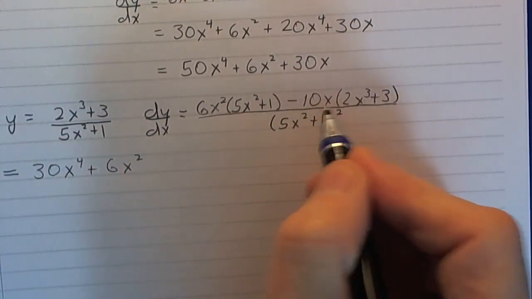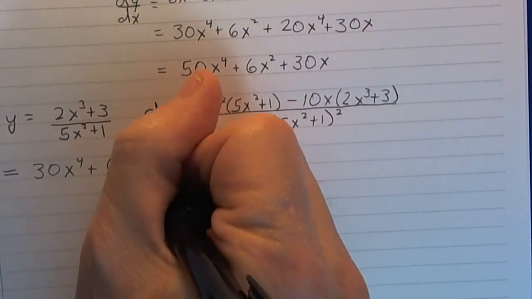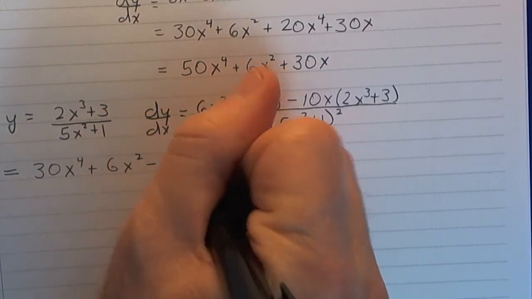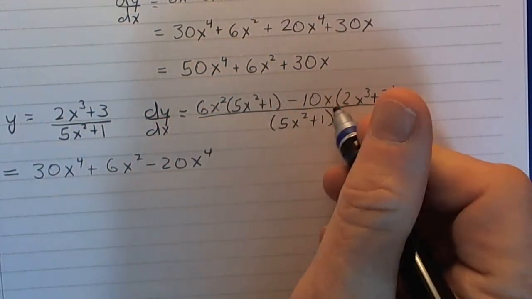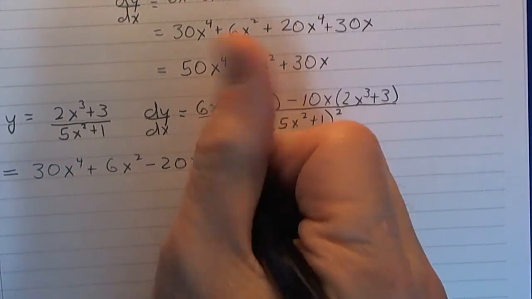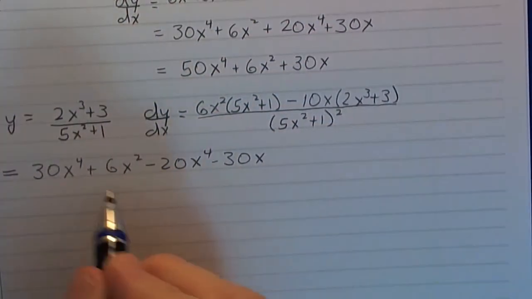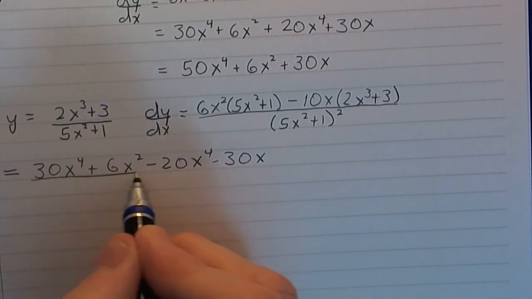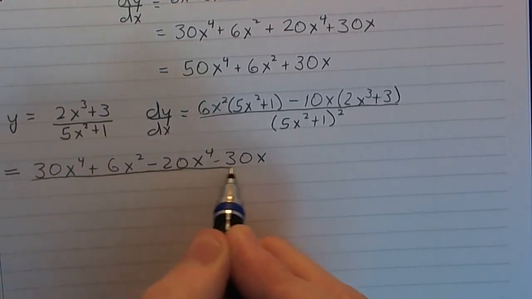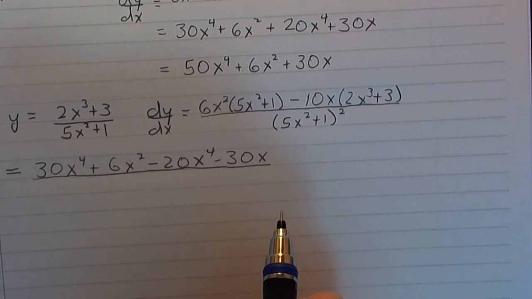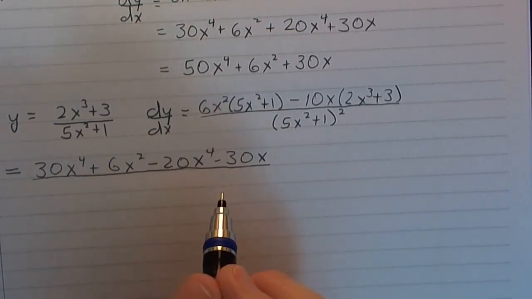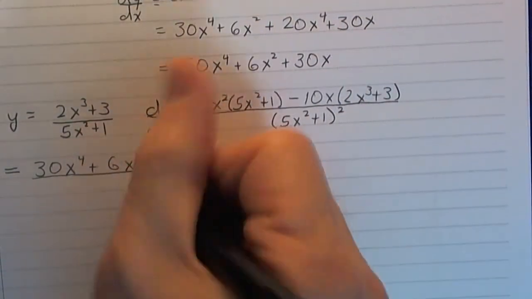Then over here, minus 20x to the fourth. See? Minus 30x. And all of that over the bottom squared.